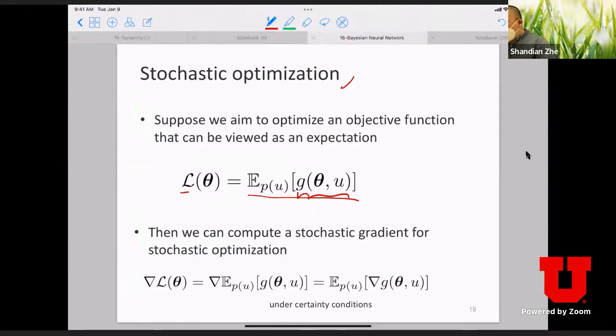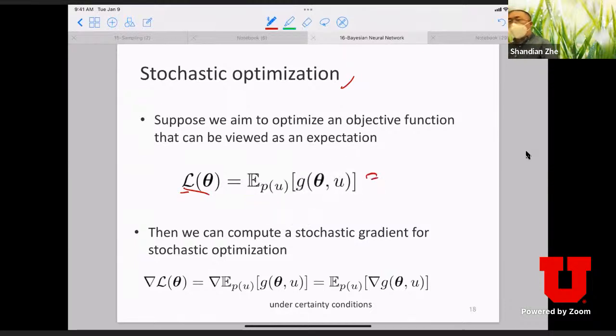So basically, you can view there is some function g, which is not only a function of theta, but also a function of random variable u. And then our final objective is to take the expectation of this g function with respect to the distribution of u. Does it make sense? Right?